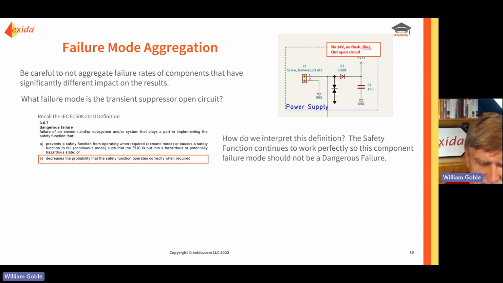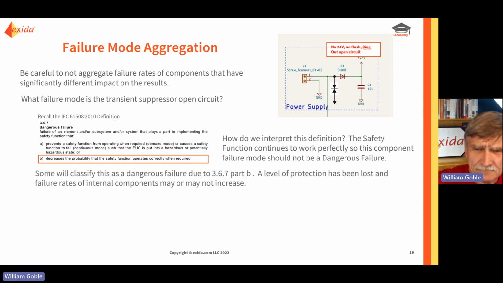So it feels like this doesn't make any sense classifying it as dangerous. A level of protection has been lost, but if you have a component database based on field failure analysis, one could argue, and I will argue, that the failure rates of the internal components already reflect the impact of this.